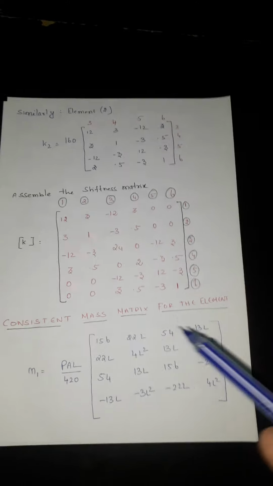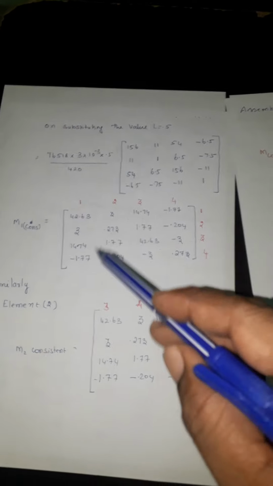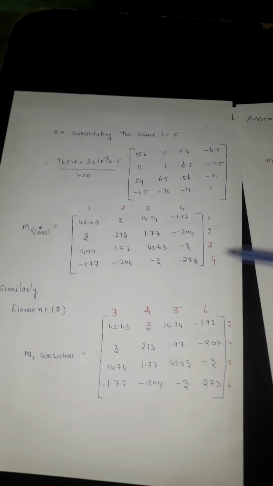In this problem you have to substitute 0.5 for the matrix of element 1. So I got this value after substituting, and I divided throughout. Similarly, the same value, the same as whatever I have done in the stiffness matrix, same Young's modulus, same material.